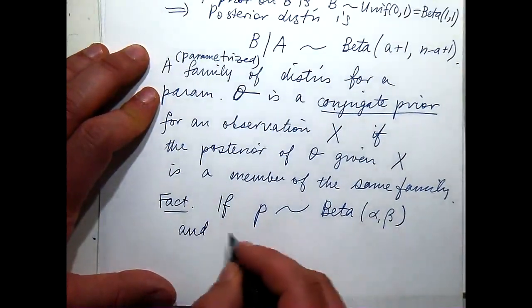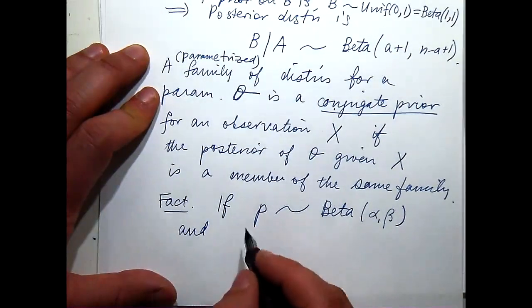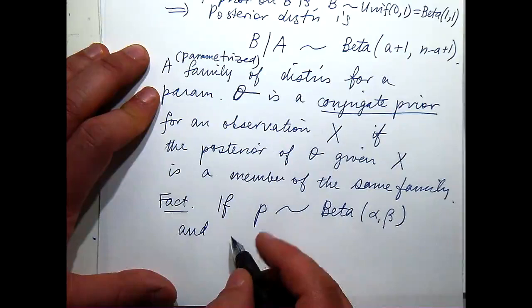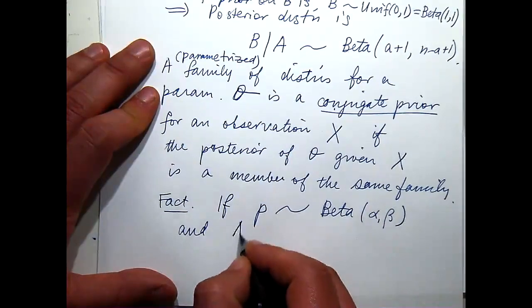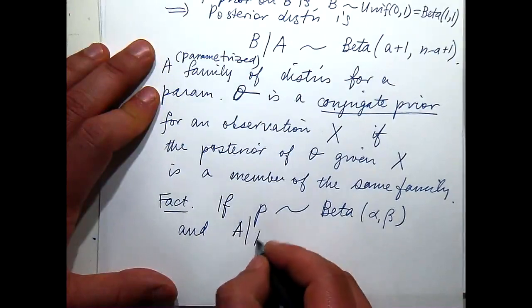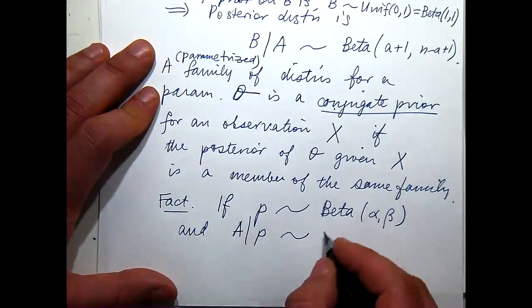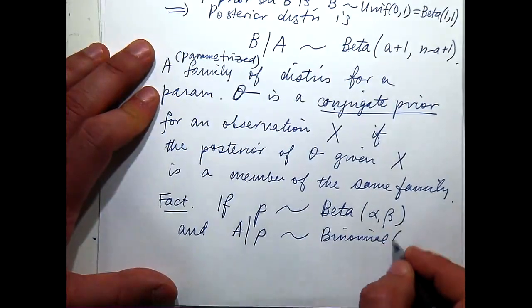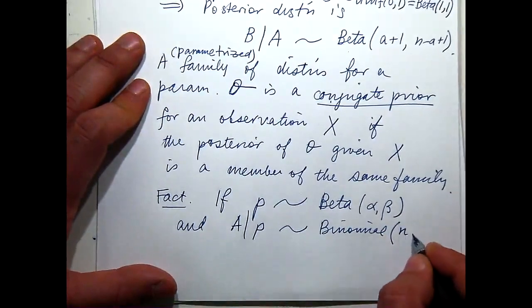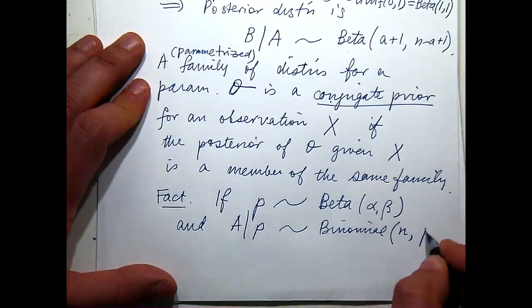Let's say the observation given p. Okay, I'll make the observation A as in the previous case. A given p has the distribution binomial n, p, where n will be a known thing.